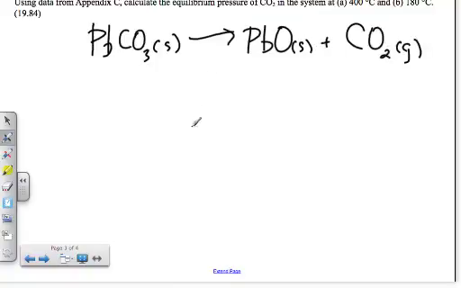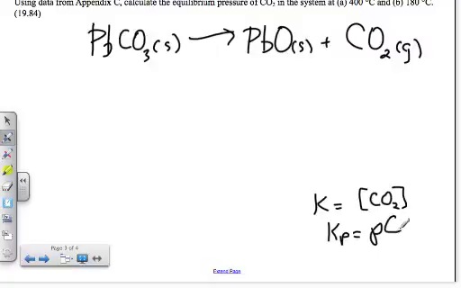I'm going to leave a whole lot of room here and write down at the bottom that K for this reaction is just going to be CO2. If it's a gas, Kp would be equal to the pressure of CO2. So that's essentially what we're after.